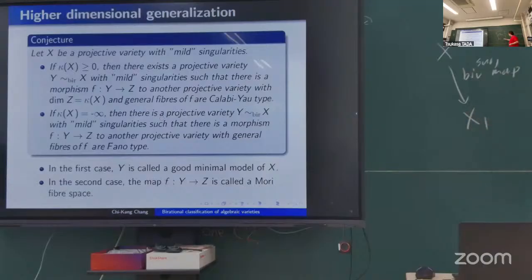One of the number one questions of algebraic geometry is this: we always have contractions, but how do we ensure that after finitely many contractions it becomes minimal, and the contraction sequence will not continue infinitely? This is one of the number one questions of birational geometry.